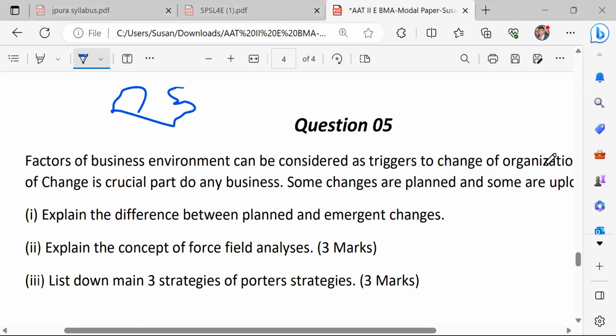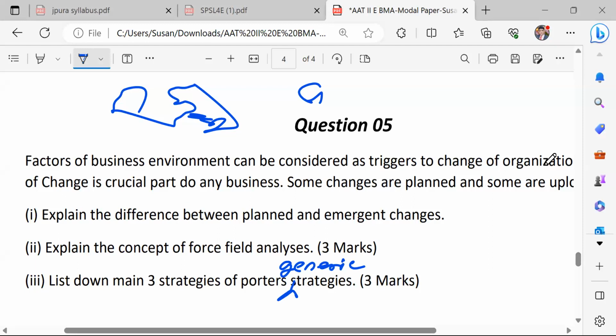That is known as generic strategies, right? List down 3 strategies of Porter's generic strategies. That is the theory. Only 3 strategies are there.